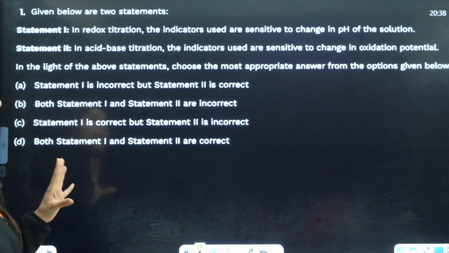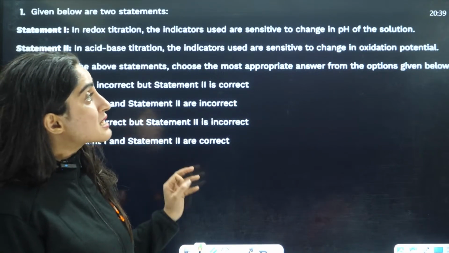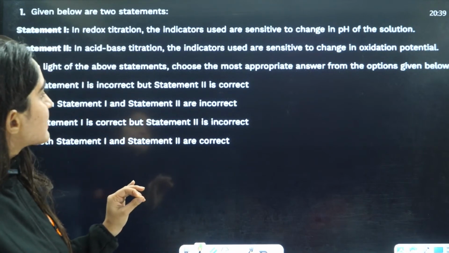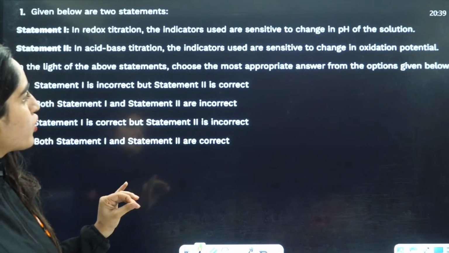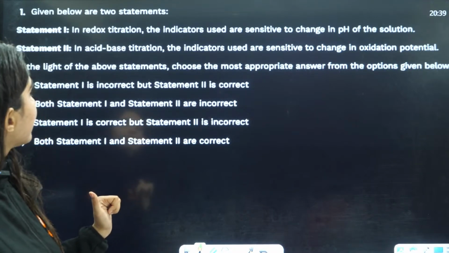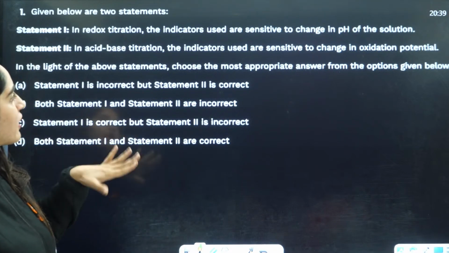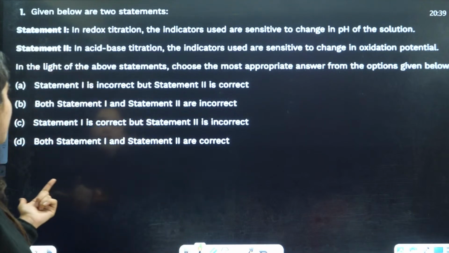In redox titrations, the indicators used are sensitive to change in pH of the solution. That would be a false statement. In acid-base titrations, the indicators used are sensitive to change in oxidation potential.